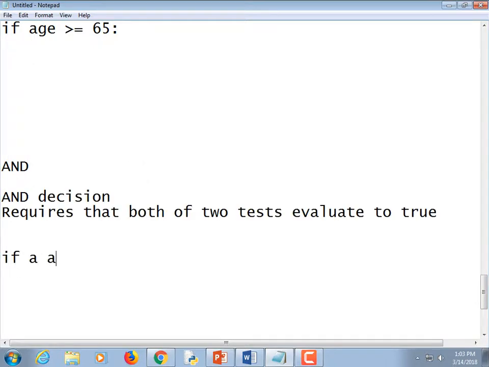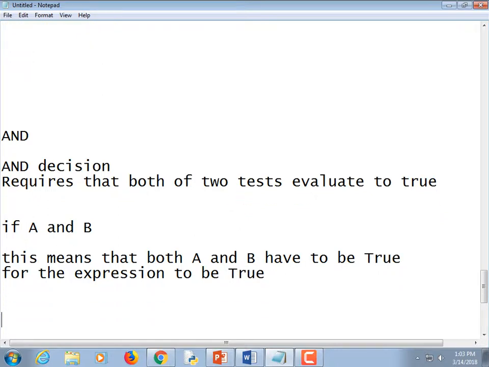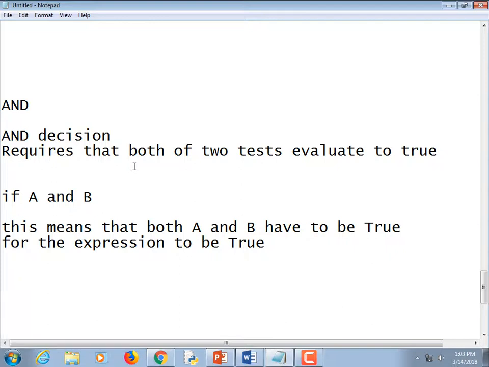So, if A and B, this means that both A and B have to be true for the expression to be true. And I need to keep remembering to capitalize True and False, just because that's what Python wants if we type those words into Python.